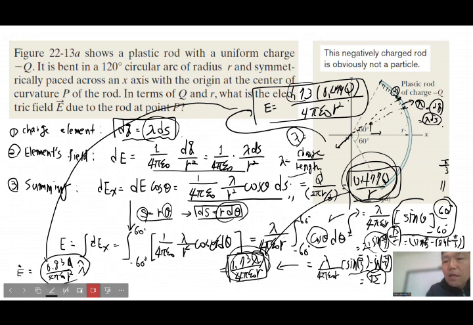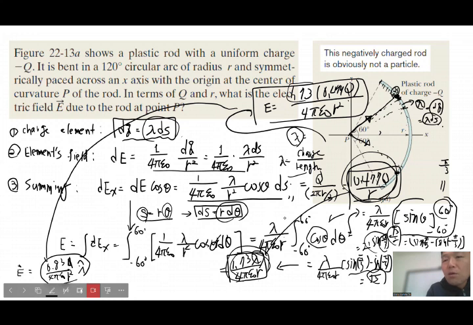Look at two line elements, one here and one here, and decompose the electric field components. One line element creates an electric field in this direction, and the other in this direction, because for a negative charge the field points inward toward the line charge.